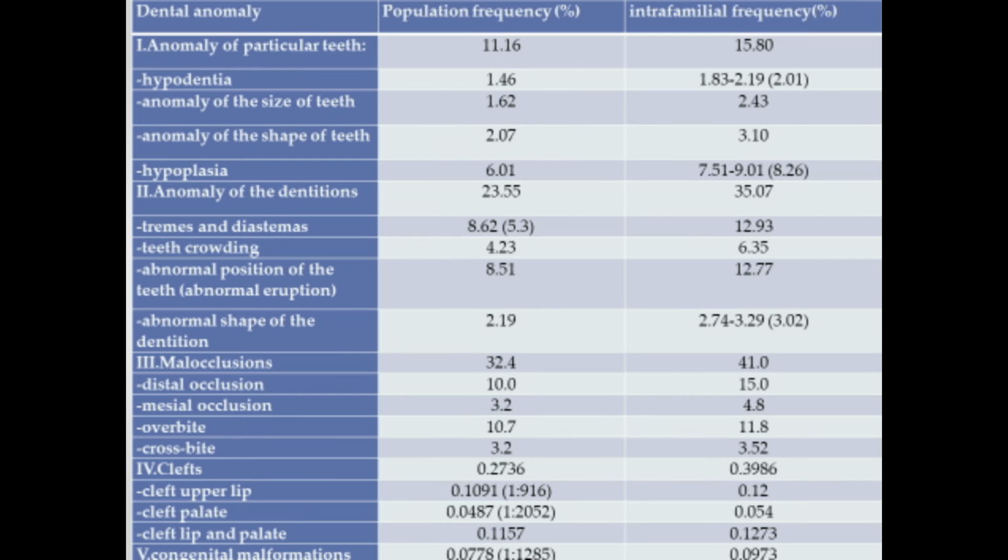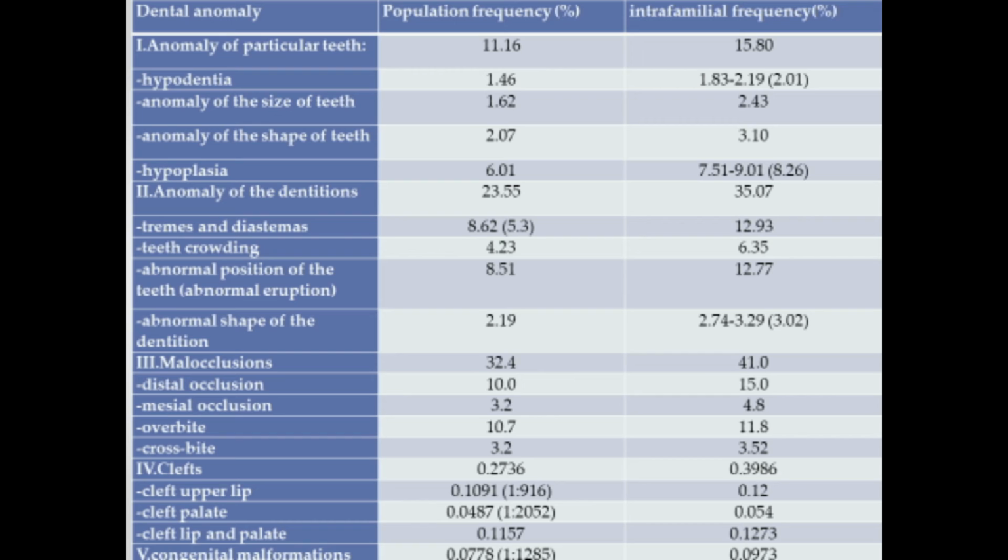He made a few tables to help medical geneticists in consultation about dental anomalies. He made a table about types of inheritance for dental anomalies. In addition, he made a table of population and intrafamilial frequencies of dental anomalies.